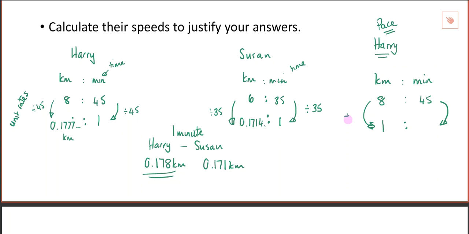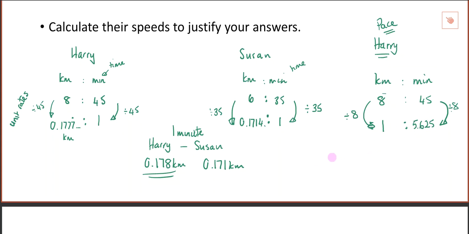Yeah, divide by. Nope. We divide by this number to get to 1. So we actually divide by 8 because this is the side I know. So this side I have to divide by 8 as well. So if I do 45 divided by 8, I get 5.625.